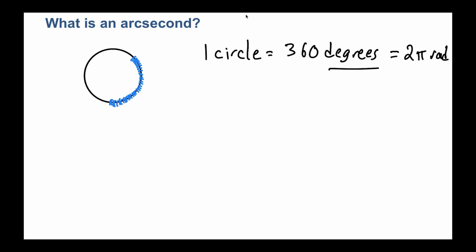If we take one of those degrees, which is already pretty small, and zoom in on it, and break that degree up into 60 subunits, each one of those subunits is an arc minute.